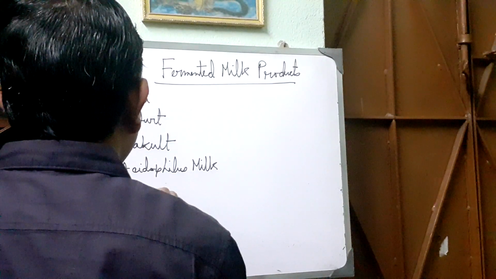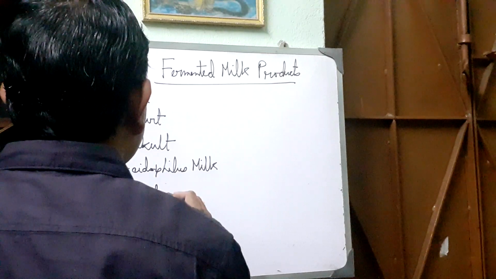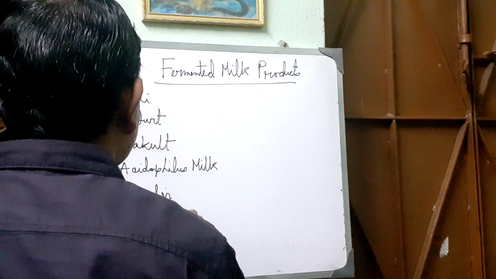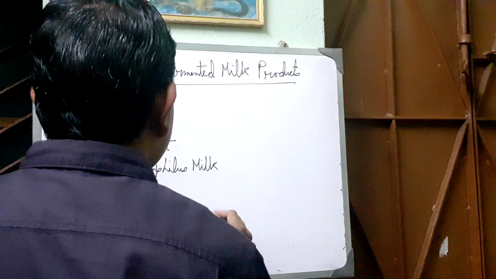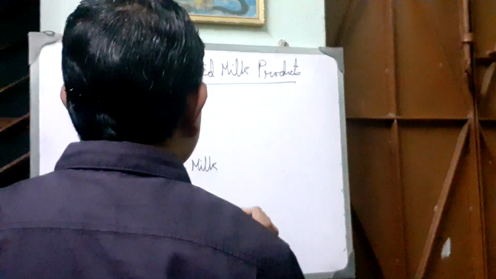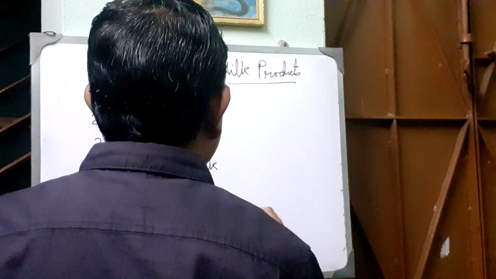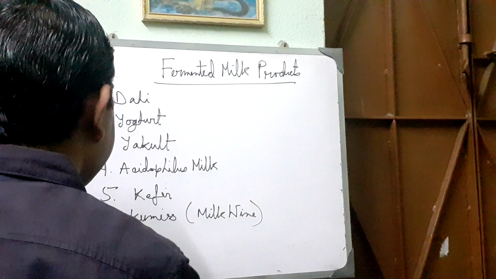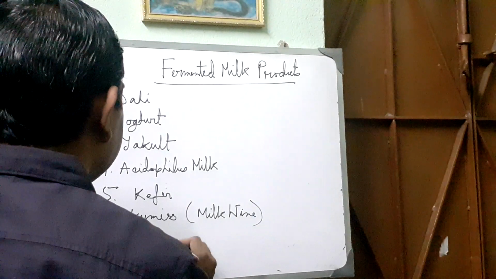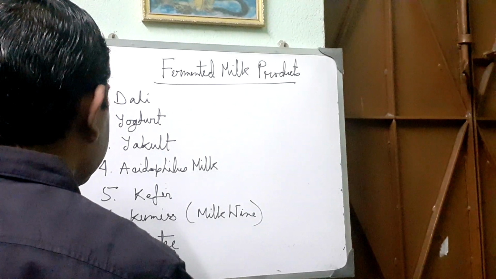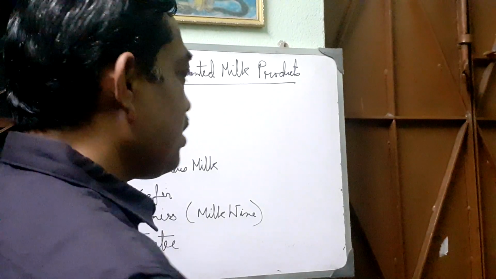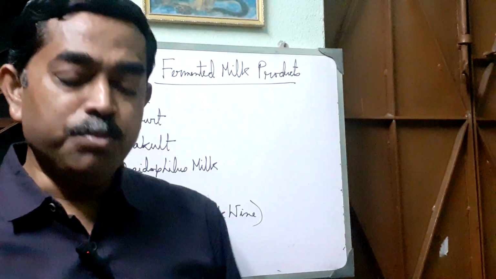Then kefir, kumis, which is also popularly known as milk wine because it contains some alcohol also, and teti, and the eighth one is skyr. So these are the general fermented milk products.